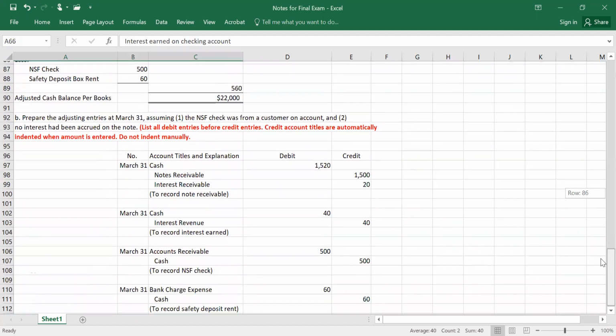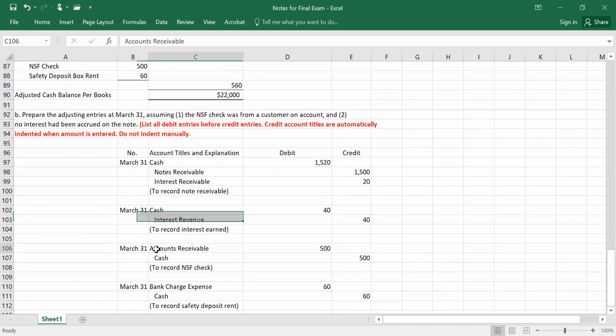Next, for the NSF check, we're going to debit accounts receivable. Remember, it's a receivable test again. When we would have gotten that person's check, we would have credited accounts receivable thinking, okay, we've got the money now, it's no longer owed to us. It's owed to us once again. So we're debiting accounts receivable and crediting cash for that 500.